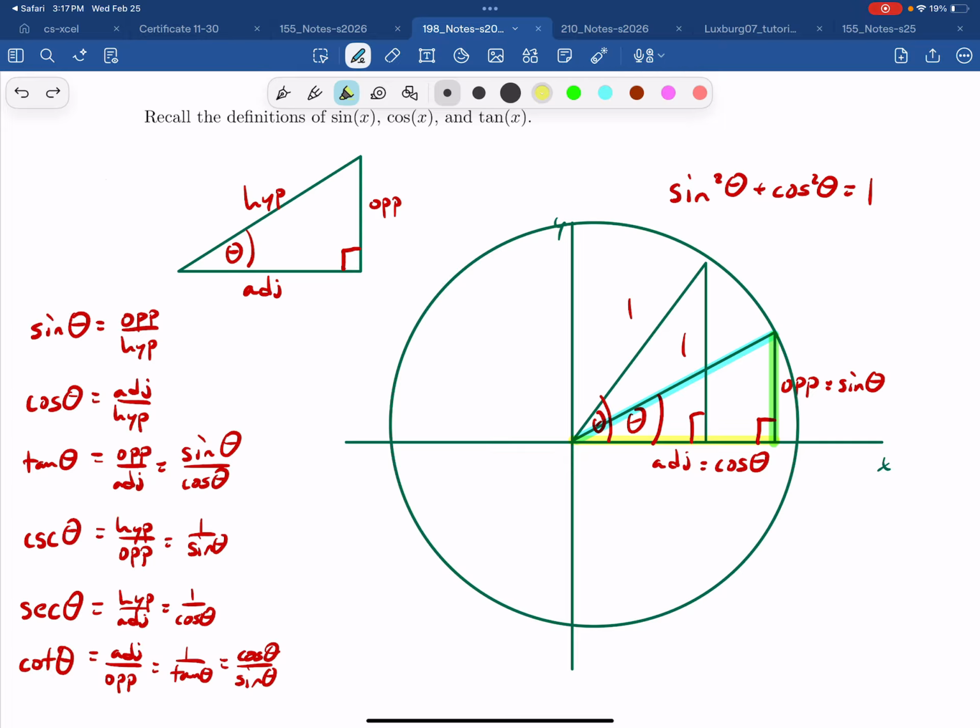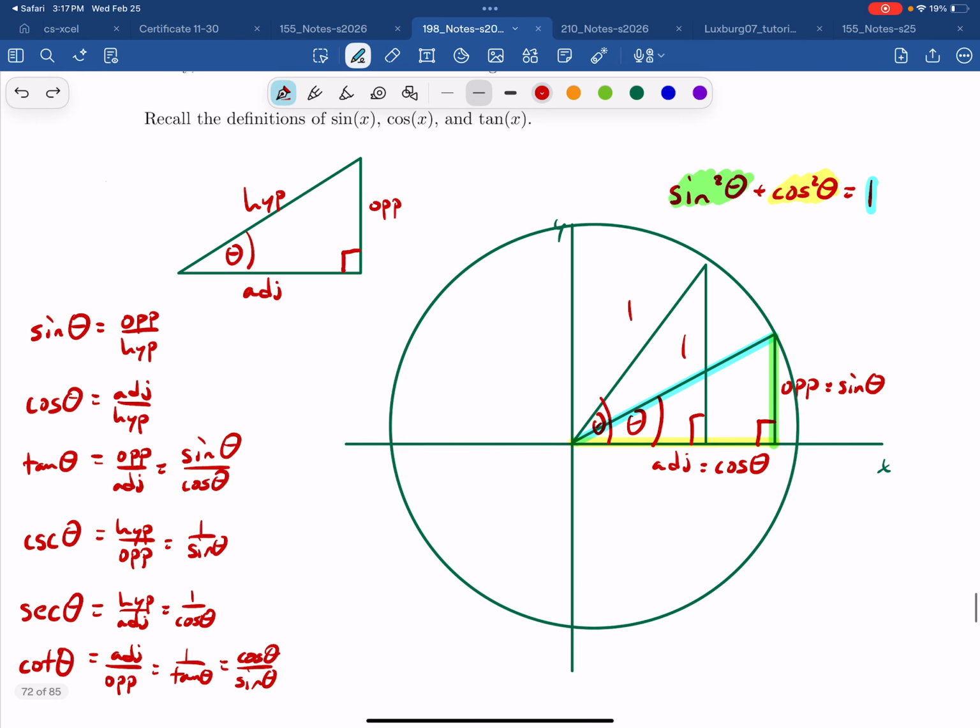And this is where we get possibly the most fundamental trigonometric identity. It's just an implication of the Pythagorean theorem. Okay, so that's definitely something we need to know.